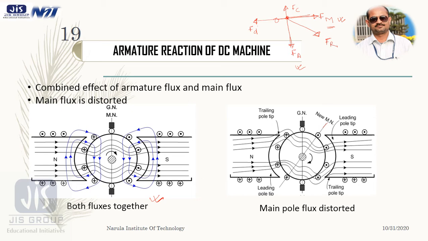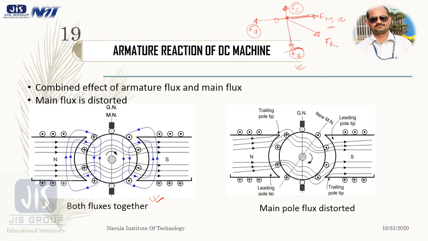So this is called the distorting effect, and this FC is trying to cross magnetize the main field flux because it is at a 90-degree position with respect to the main field flux.